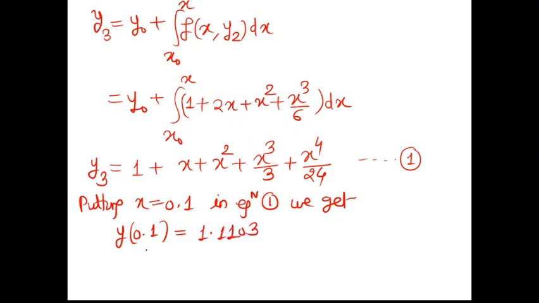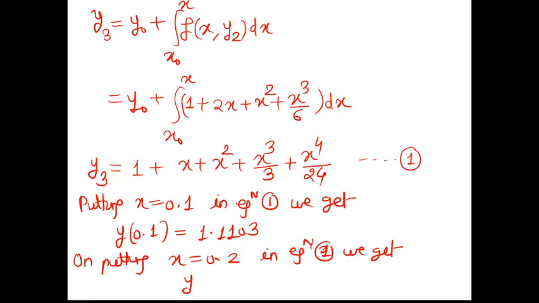Similarly, on substituting x as 0.2, we get the value of y at 0.2, which is y of 0.2 is equal to 1.2427. So in this way the solution is obtained.